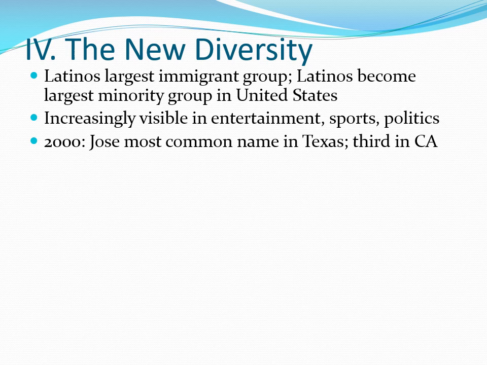In 2000, the most common name given to baby boys born in the state of Texas was not Billy Bob, it was Jose. Jose was the third most common name given to baby boys born in California. So again, civil rights, immigration reform, changing America's demography, changing how we think of that central cardinal question associated with civil rights. Who is an American?